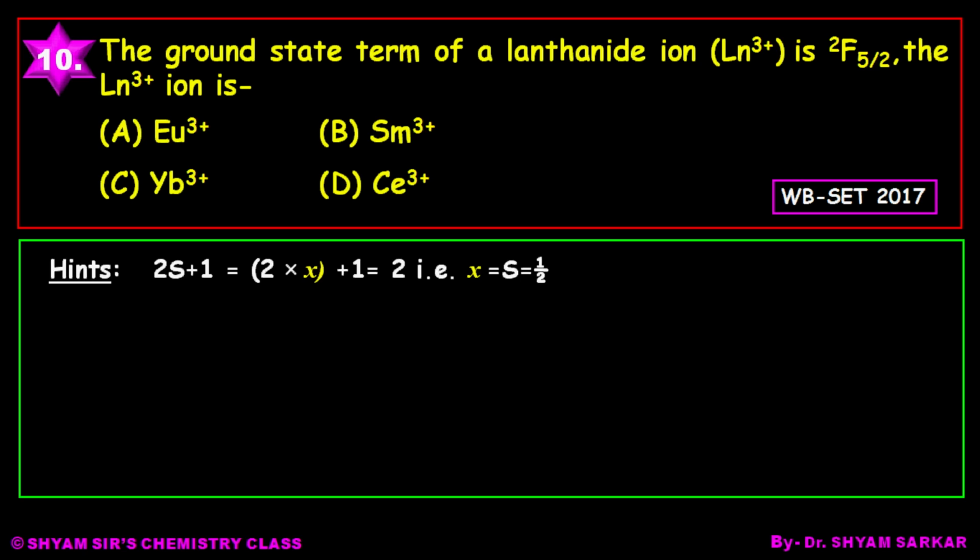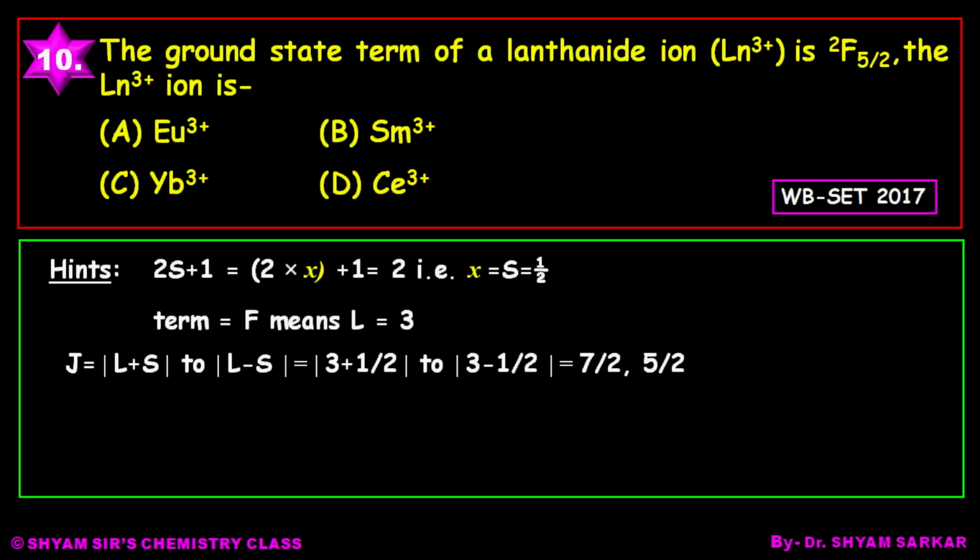Now if you do not know S values, you can calculate the S value from here. If you do back calculation, you will get S equal to half. Now the term F means that L equals 3. So L equals 3 and S equals half, so J values are L plus S to L minus S, that is 3 plus half to 3 minus half, that is 7 by 2 and 5 by 2.